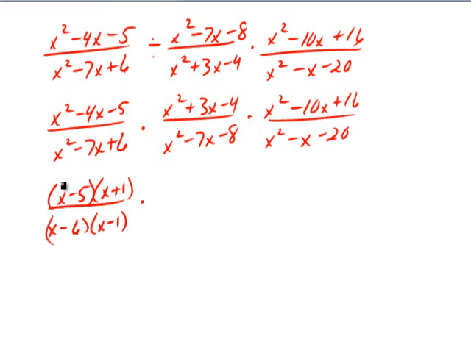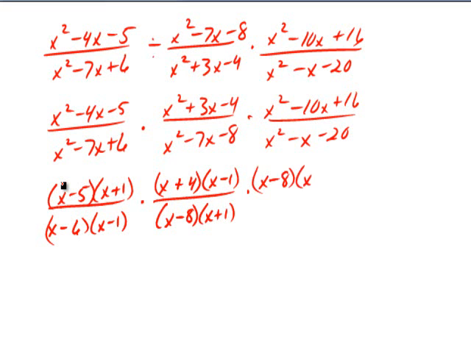The second fraction, x plus 4, x minus 1, x minus 8, x plus 1. The last fraction, x minus 8, x minus 2, and x minus 5, x plus 4.